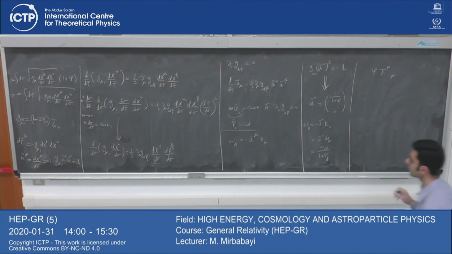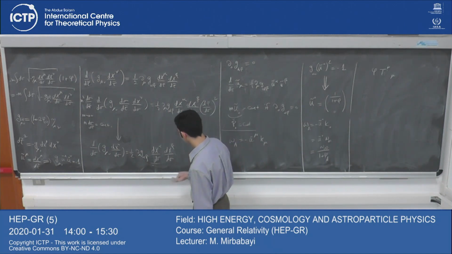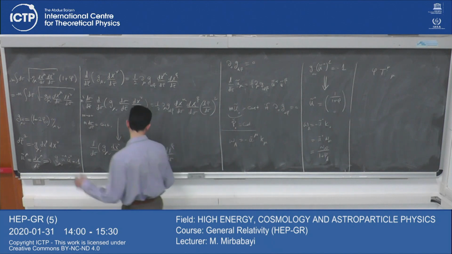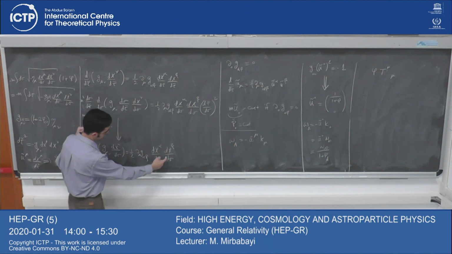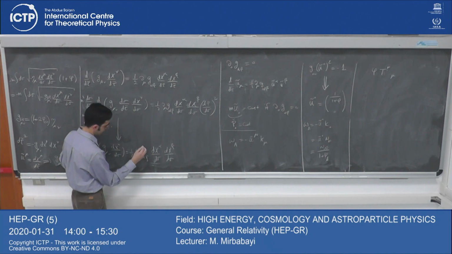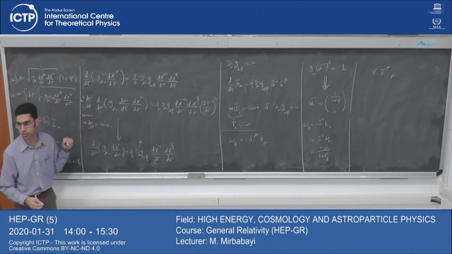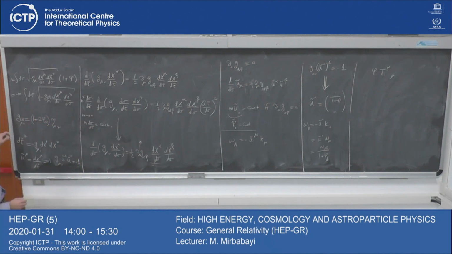We can also see why the light doesn't bend in this theory, because if we consider again our dilaton gravity theory, then d mu g alpha beta is actually proportional to g alpha beta, because the metric is of this form.